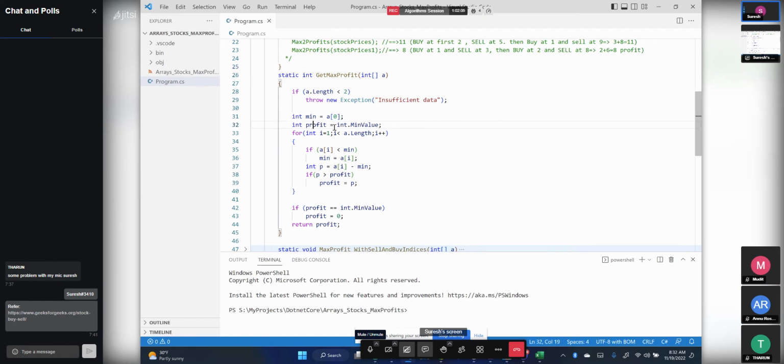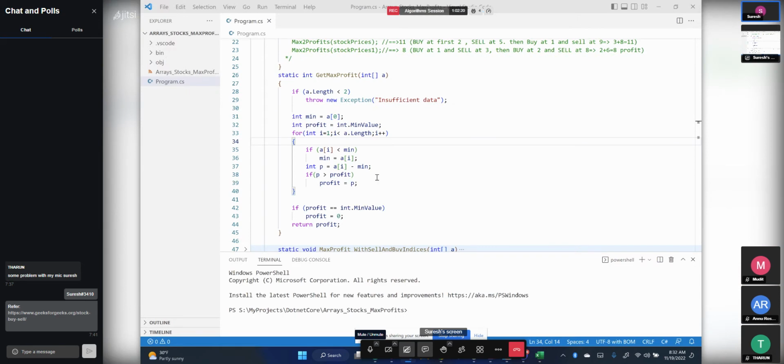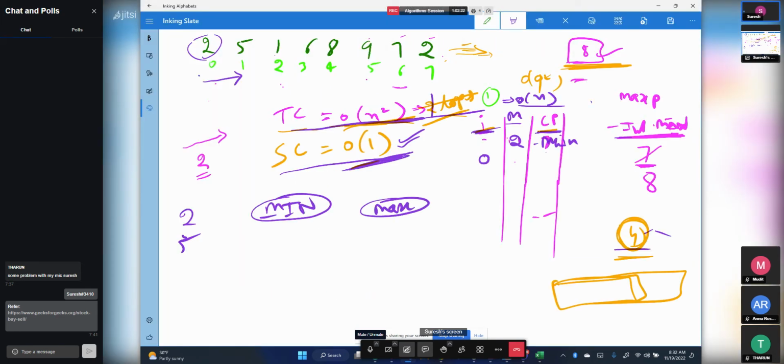Yeah, min and profit equal to Integer.MIN_VALUE. And we will also take the max profit. Oh sorry, we need to start with i equal to 1, because i equal to 0 we already initialized. Now i equal to 0 is done. Now we will start the loop from i equal to 1.